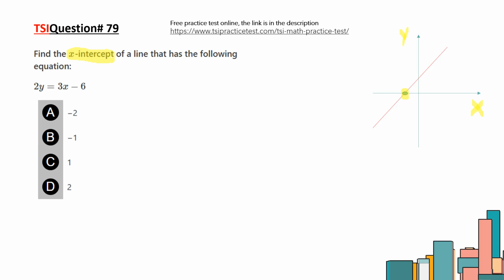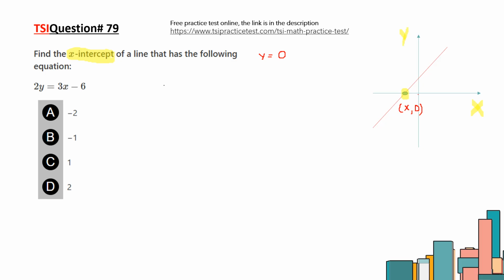The x-intercept has the ordered pair (x-intercept, 0), because the y value is 0. So to find the x-intercept, we know the y value will be 0. Based on that, for these questions, you plug in y equals 0 and then solve for x.